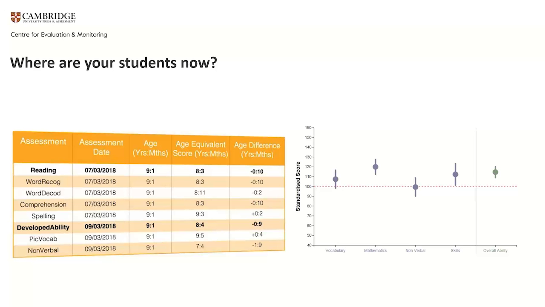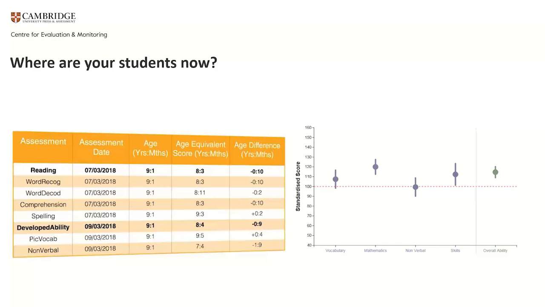The little bars on this particular graph show that there's a little bit of uncertainty, and generally, because our assessments are computer driven and because they are adaptive, that means each student will see a different set of questions depending on their ability. The program chooses the question depending on their previous response.